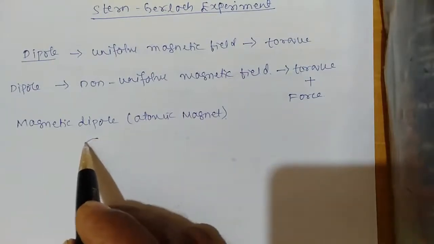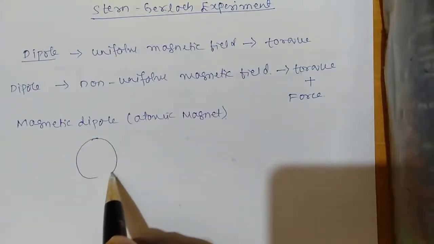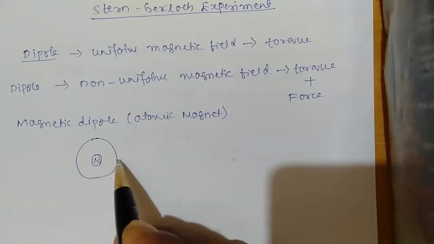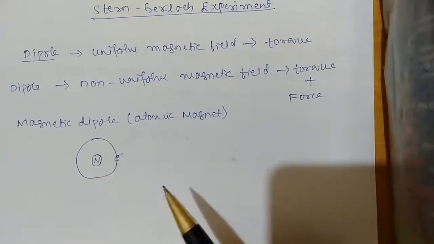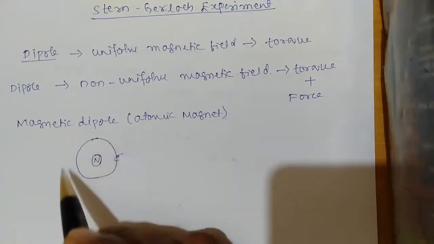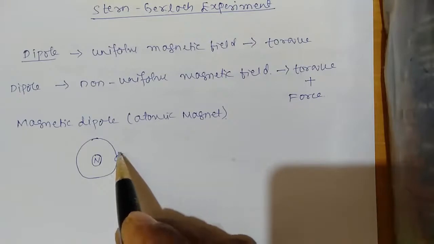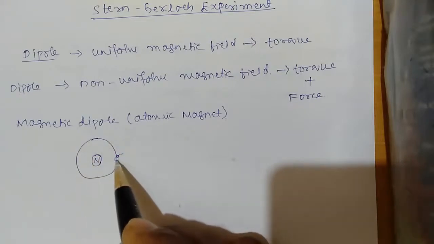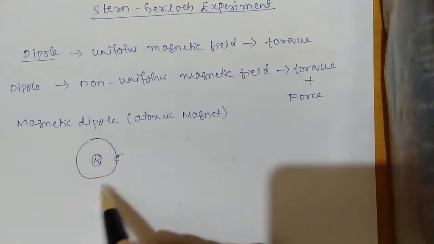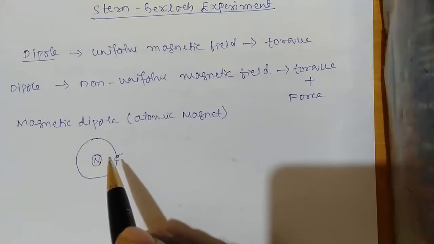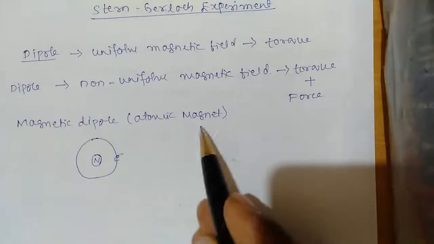If I consider an atom, at the center we have the nucleus, and around this nucleus we have the electrons revolving. As a result of this revolution of the electron around the nucleus, the atom will behave as a magnetic dipole. Hence it is called an atomic magnet.